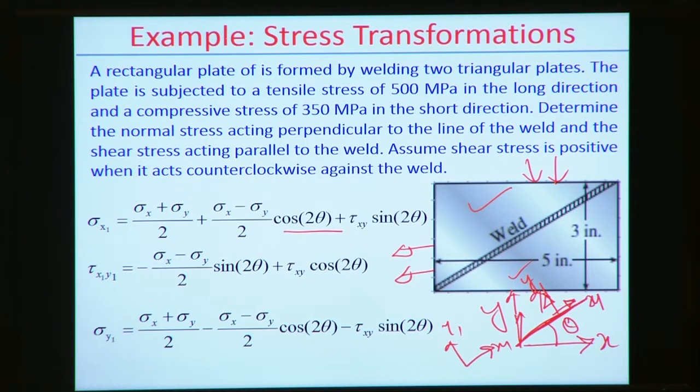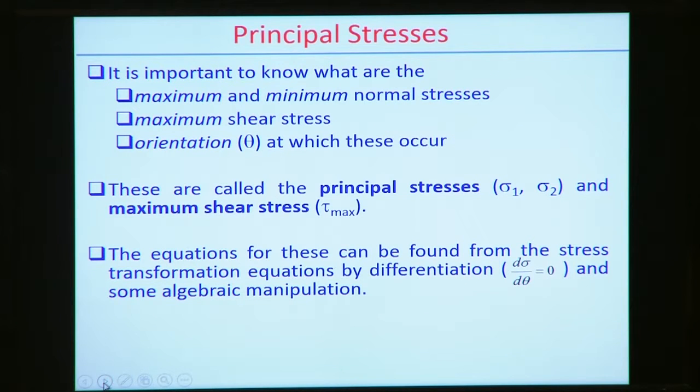But here, it is mentioned that the normal stress acting perpendicular to the line, so that actually represents the y1 axis. So we need to find out sigma y1. So sigma x1 may not be needed in this case.